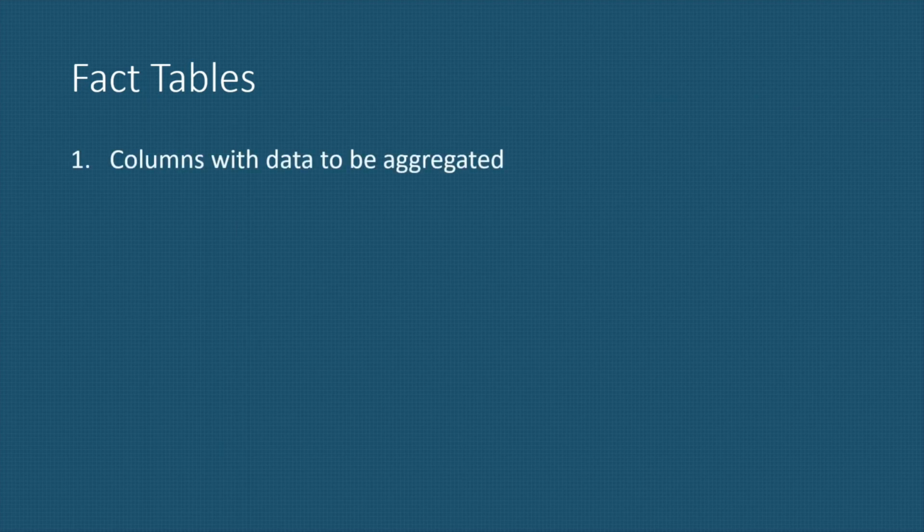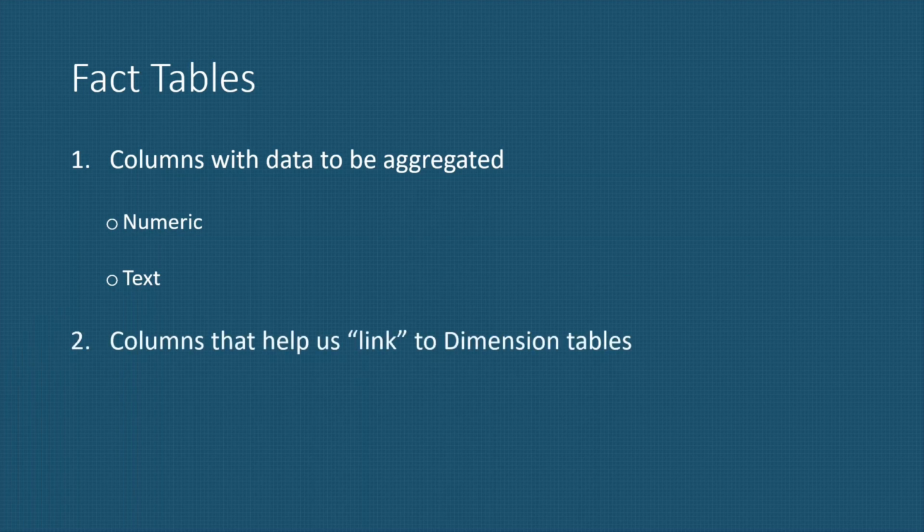And a fact table has at least one column or types of columns that have data in it that can be aggregated. So usually those values in that column would be numeric, but it could be text, I suppose. And then you will have another column in a fact table that helps you link to a dimension table.